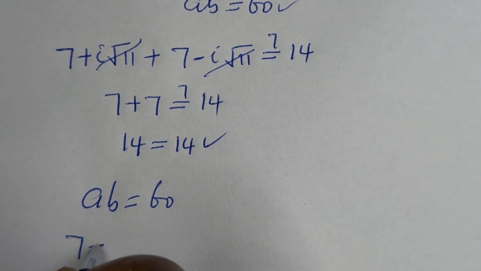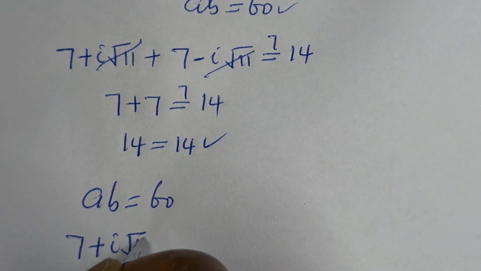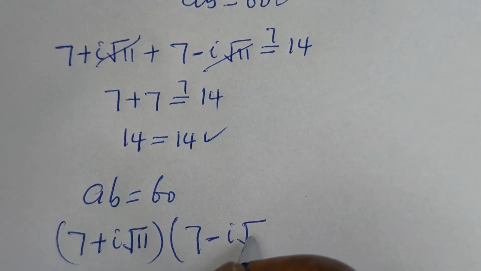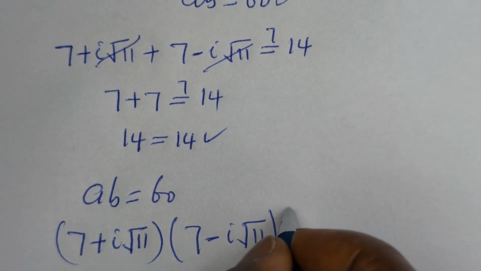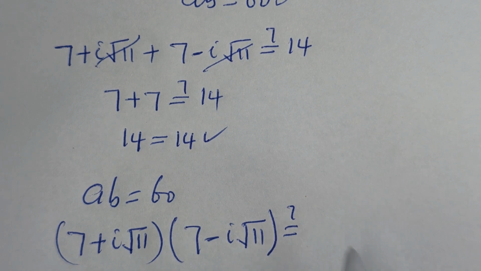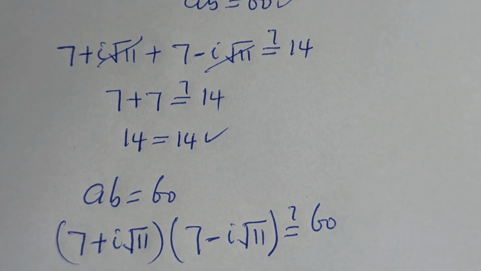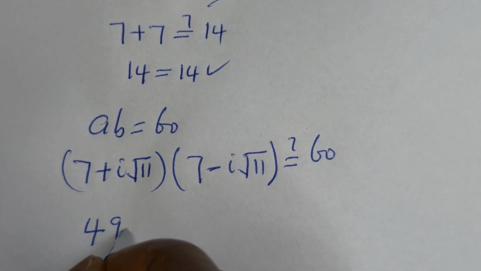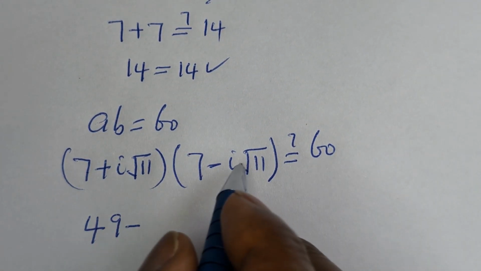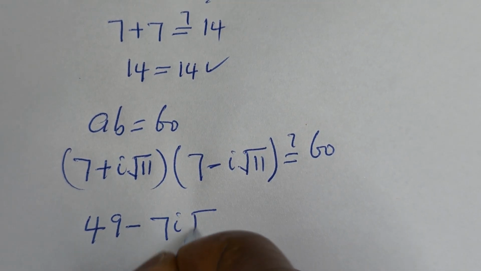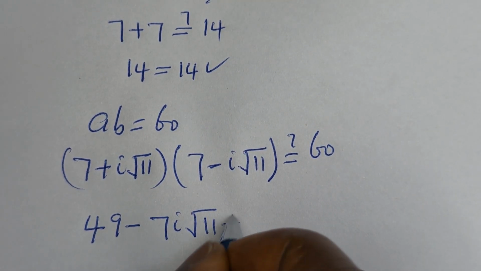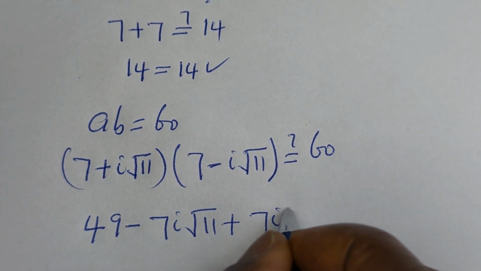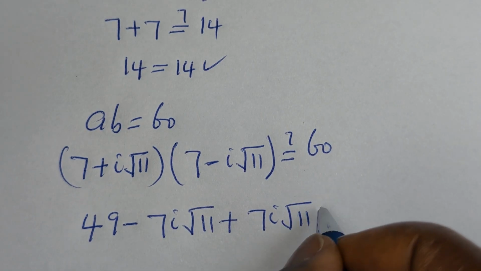Then we have 7 plus I square root of 11 bracket 7 minus I square root of 11 must be equal to 60. 7 times 7, this is 49, minus 7 times I root 11, this is 7I root 11, plus I root 11 times 7, this is 7I square root of 11.